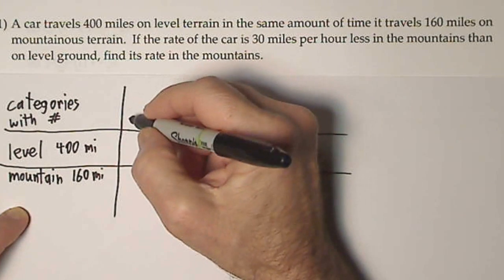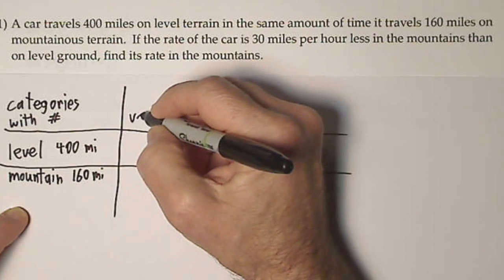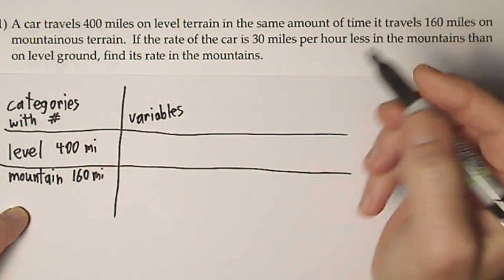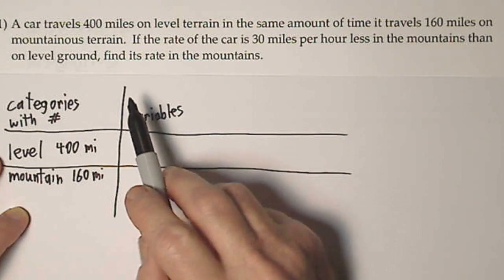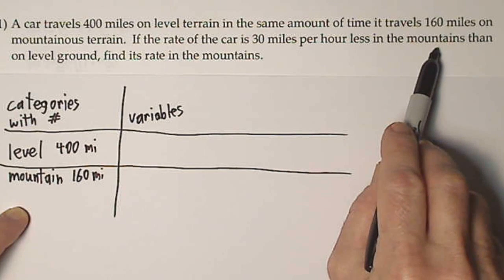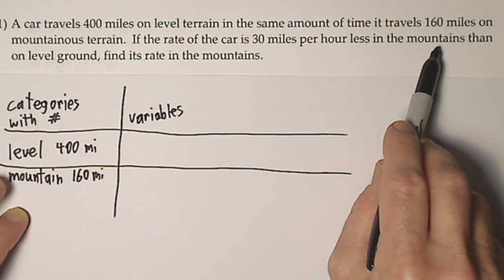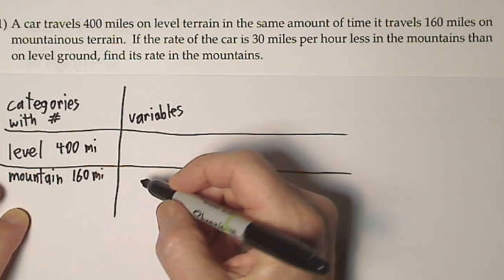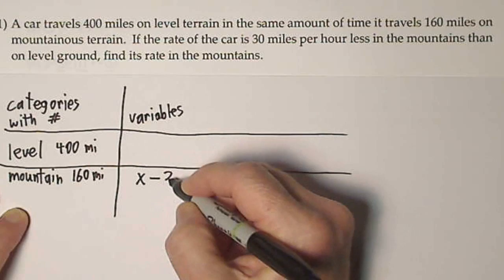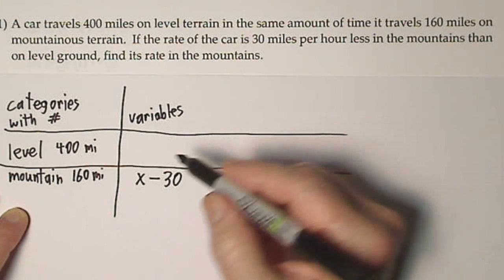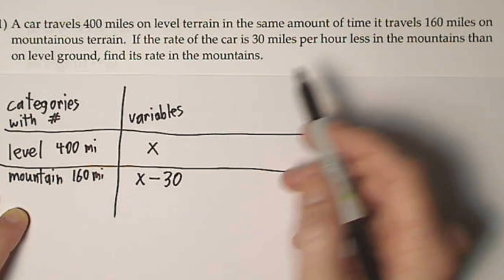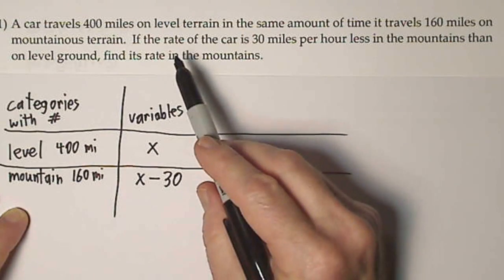Then we want our variables in this next category. Let's see what else they tell us. The rate of the car is 30 less in the mountains. So it's some speed minus 30 in the mountains, and on level ground it's just whatever that speed is. Okay, and they're helping us out. The more organized the better.